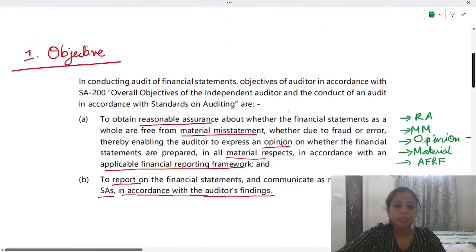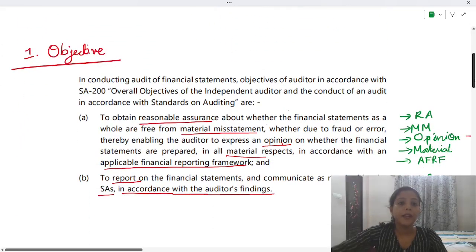Now, what is the objective of the standard? In conducting an audit of financial statements, the objectives of the auditor in accordance with SA 200 are: what is the first objective?